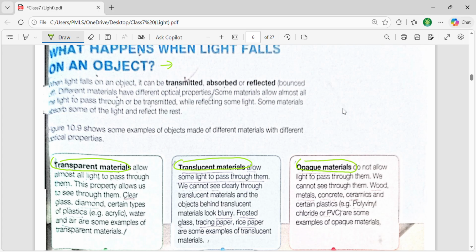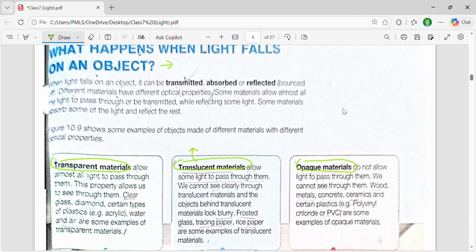So can anybody tell me what is translucent material? Yeah, so it's comparatively blurred. Can anybody explain an example? It's usually in your stationery box as well.